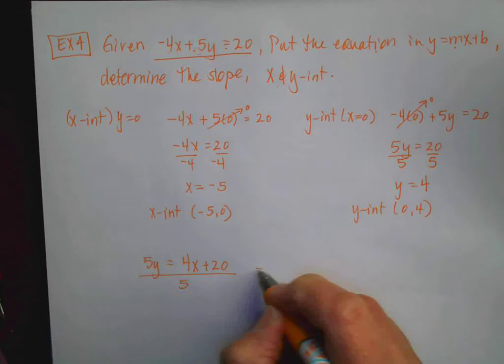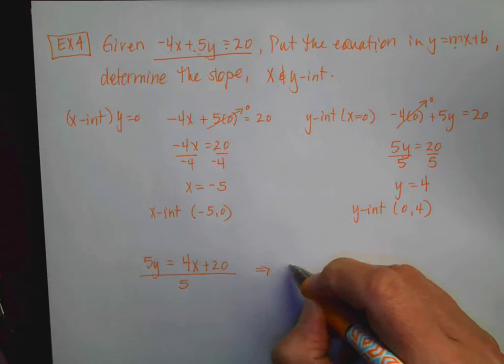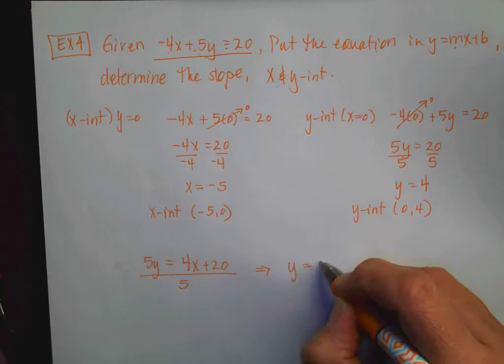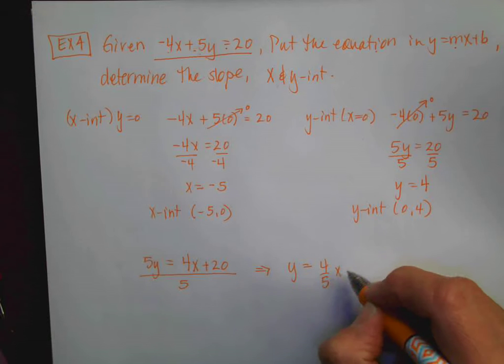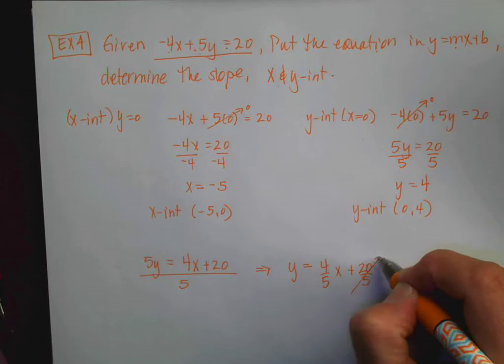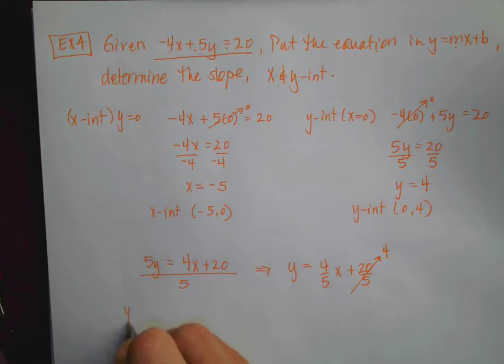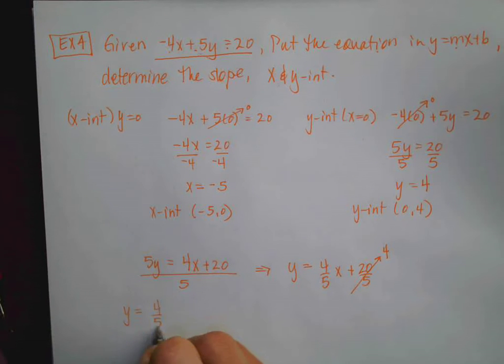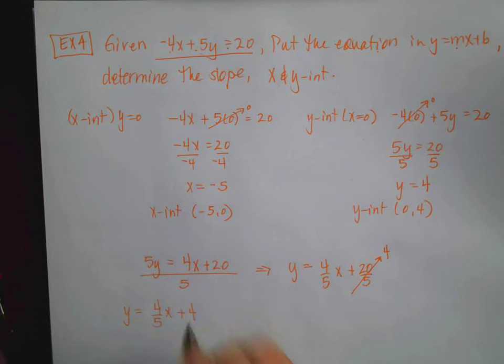And then I'm going to divide both sides of the equation by 5. So I'm going to get 5 divided by 5 is y is 4/5 x plus 20 divided by 5. 20 divided by 5 is 4. So I'm going to get y equals 4/5 x plus 4. And there's my y equals mx plus b. So that was actually pretty easy.